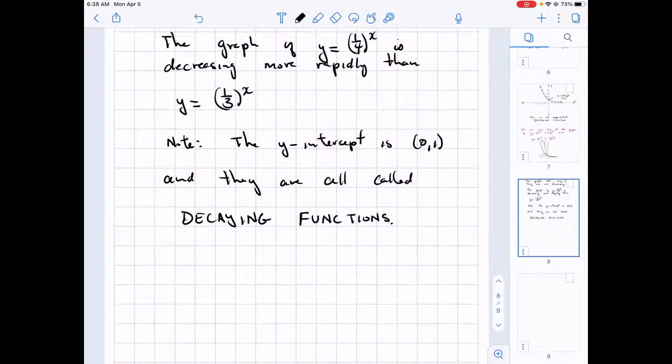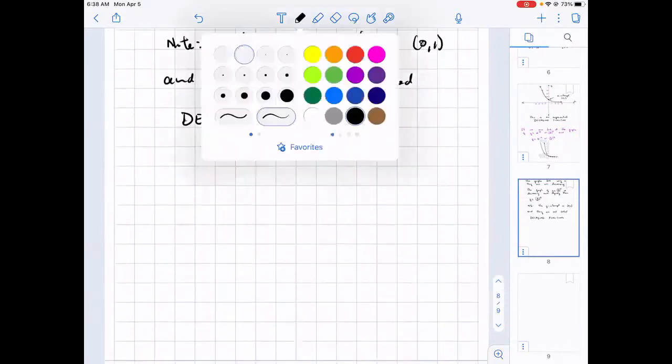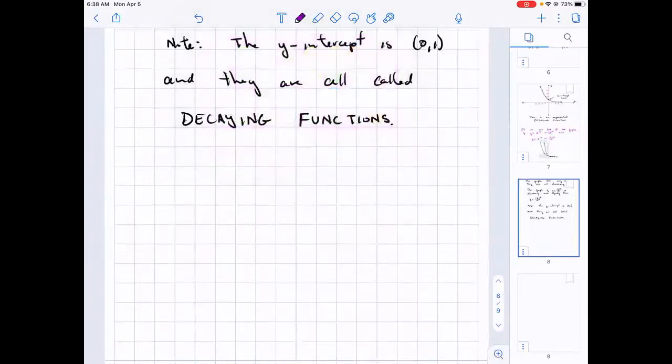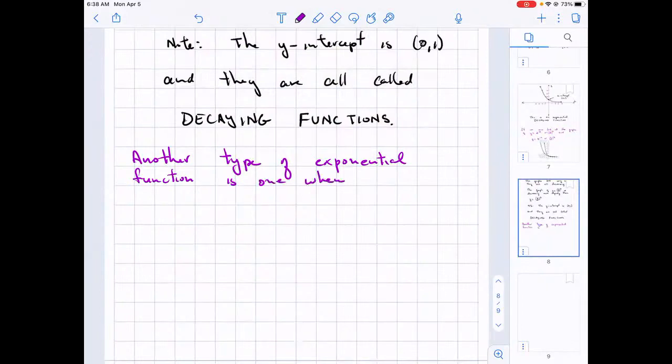Another type of exponential function is one when the base is e.